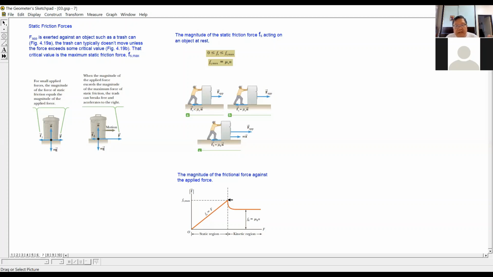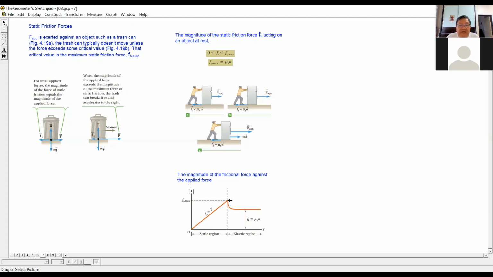Still not moving yet. When the object starts to move, the frictional force actually decreases. So when they start to move, that frictional force is the kinetic friction. And this kinetic friction is less than the maximum static friction. So that's how we interpret the red line.